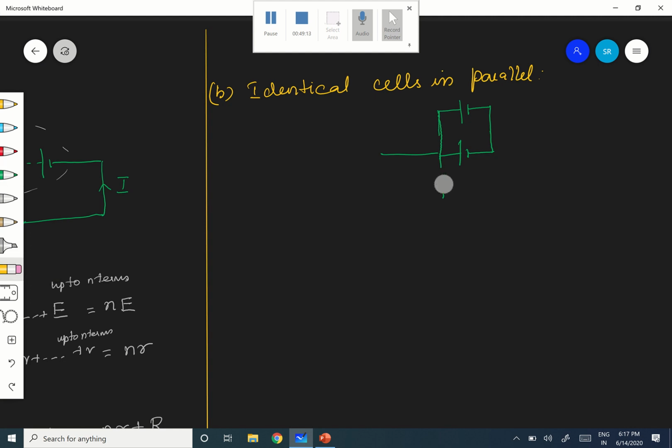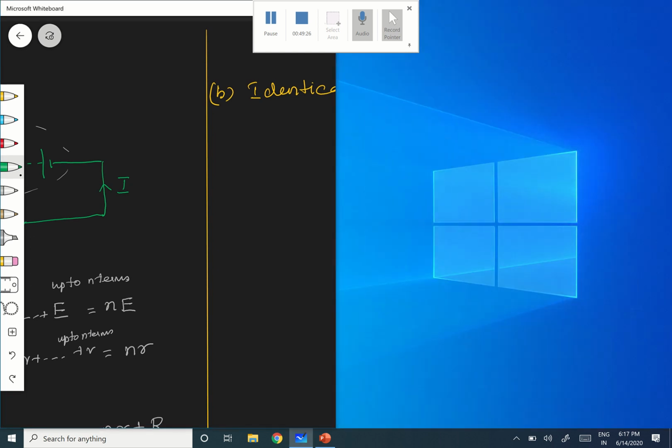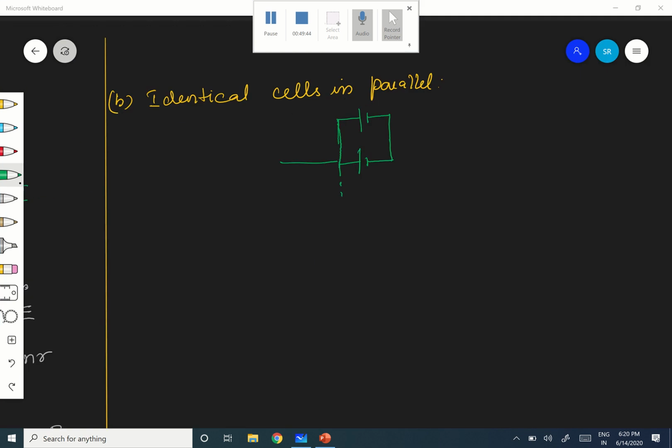You know how to represent that? Let me use a dotted line, which means that it is not the third cell, it is the nth cell. So n number of cells are connected in parallel and all are identical cells.